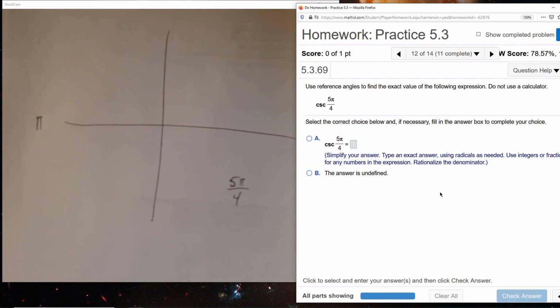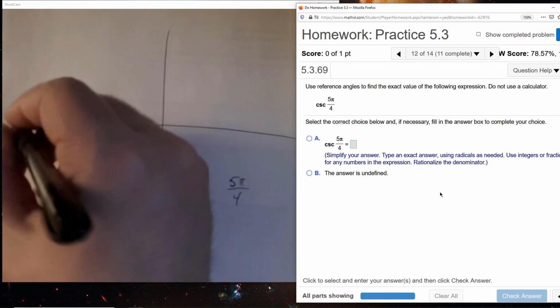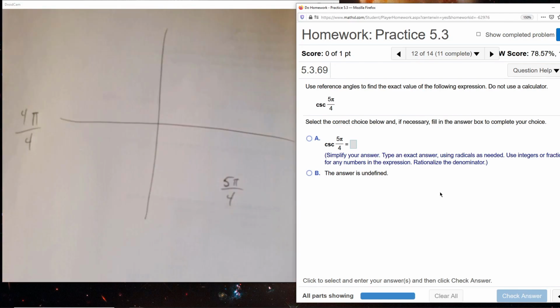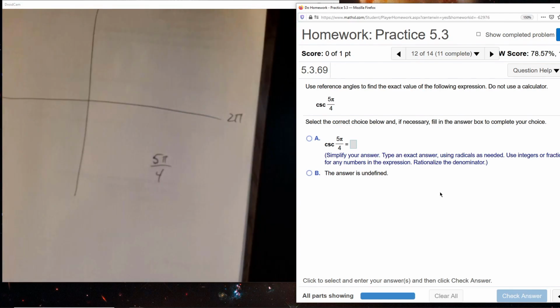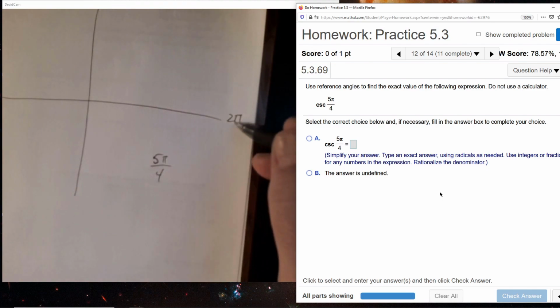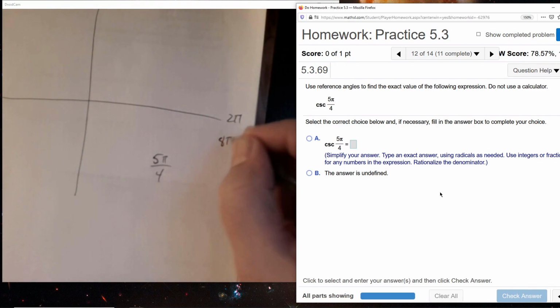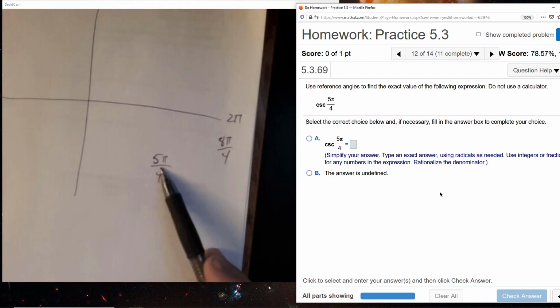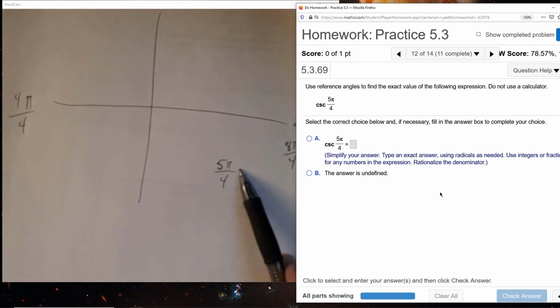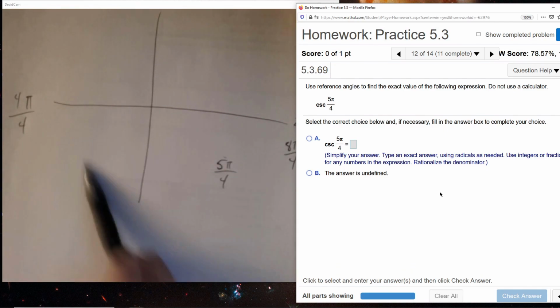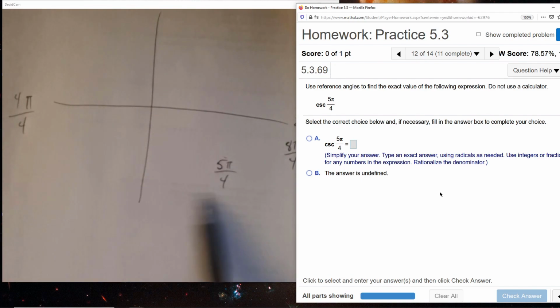Now pi, getting a common denominator here, is 4 pi over 4, and getting a common denominator with 2 pi would be 8 pi over 4. So you can see 5 is between 4 and 8. So 5 is definitely in quadrant 3 or 4.